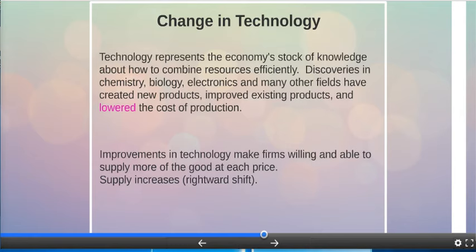Improvements in technology make firms willing and able to supply more of a good at each price. So supply increases, and it would shift your supply curve to the right. A technological change, I can't think of one example that would shift a supply curve to the left. Or you just wouldn't change the technology, right?